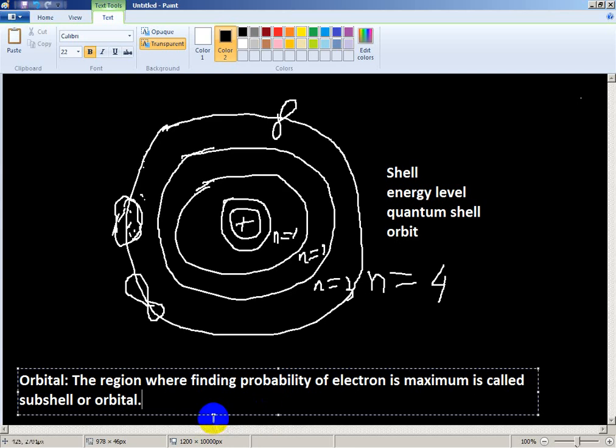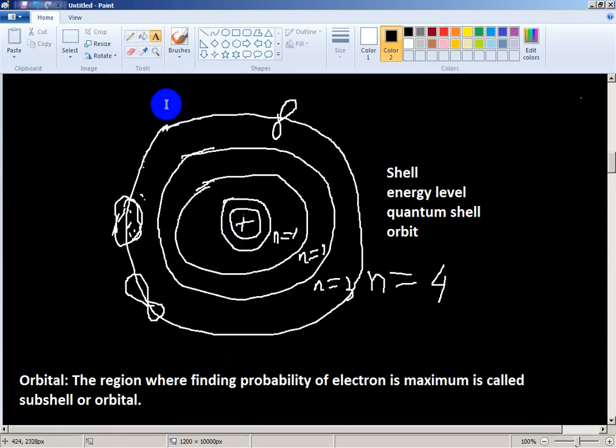Okay, have you understood what is an orbital? I'll check this later.